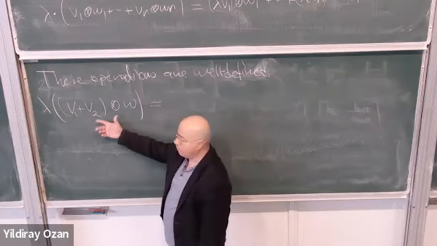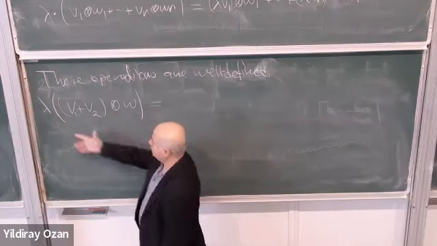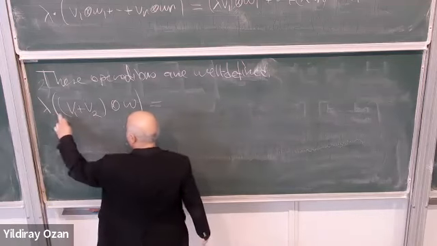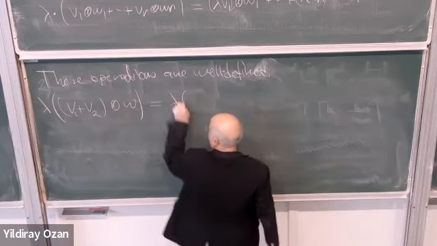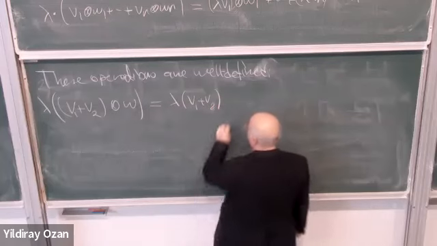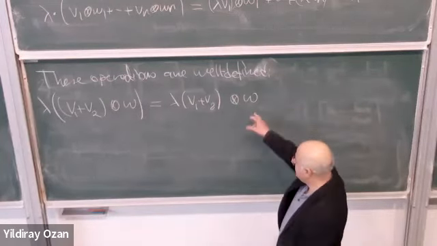So by the definition, this is what? You just multiply the first vector with lambda, and then you just take cancel with the second vector.